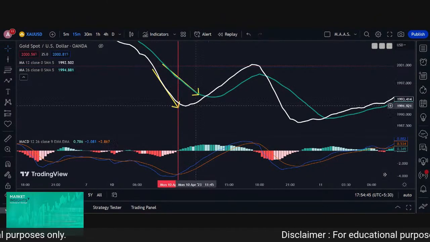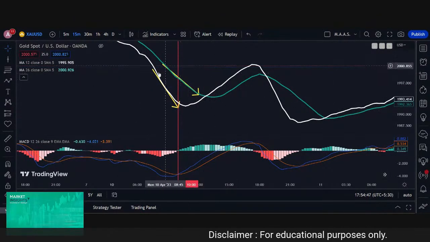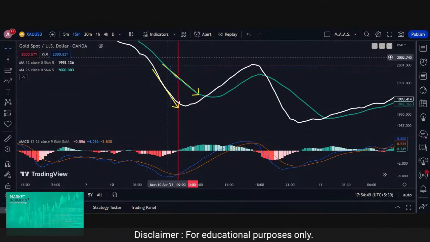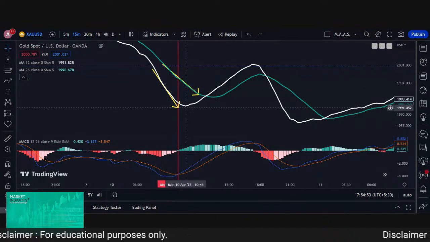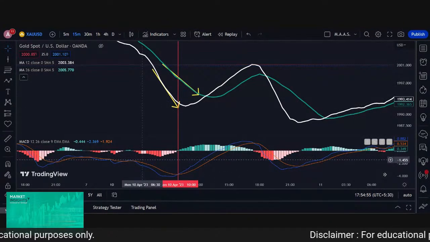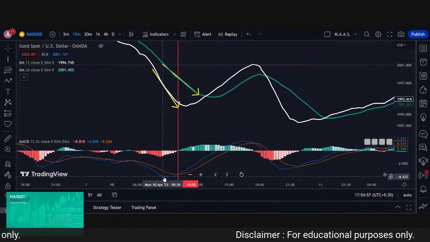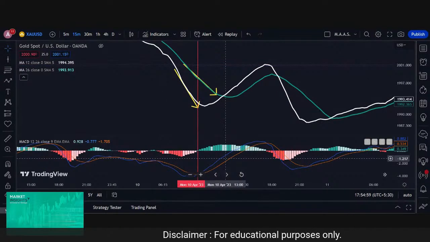These two are moving away from each other. What does this mean? That convergence is getting negative and divergence is getting positive, right? So that is what this blue line indicates. It is the difference between these two.